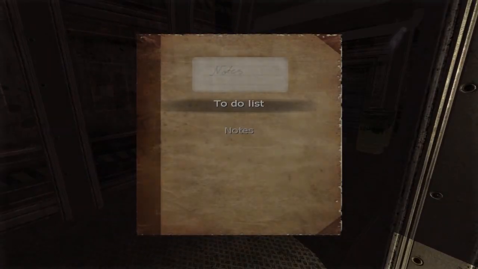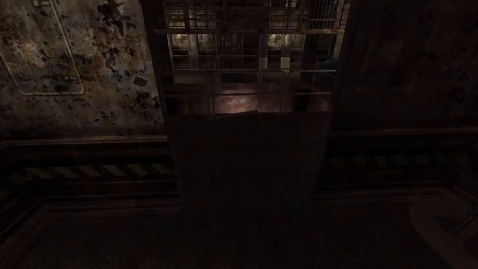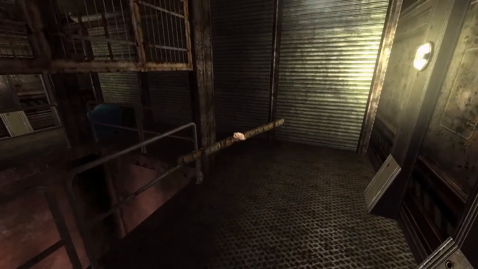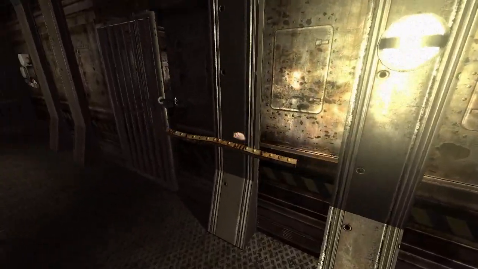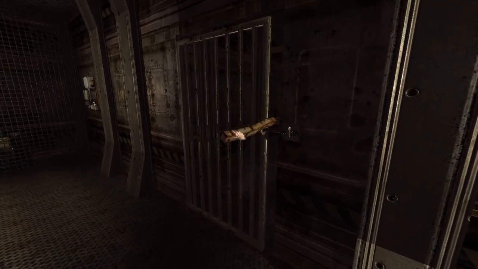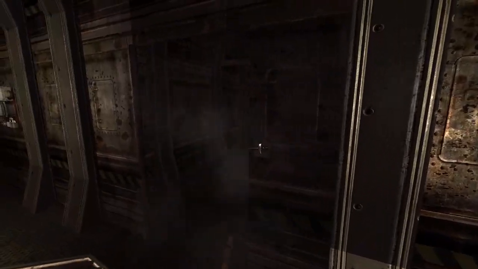Okay. That's stuck. Think I can hit it with this thing? I doubt it, but you think I could? I don't know why this would be hidden. Well, there you go.